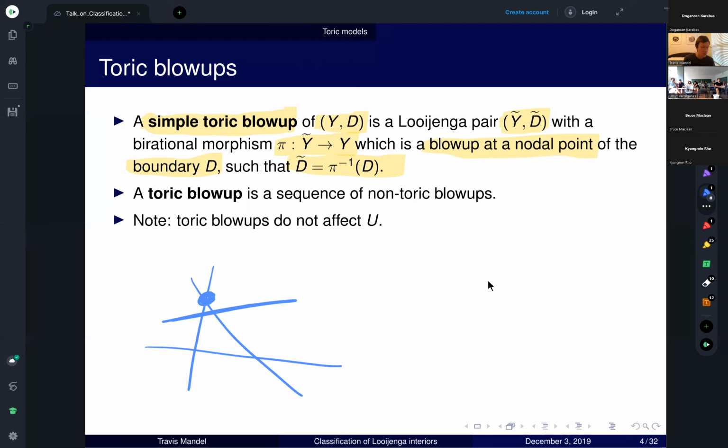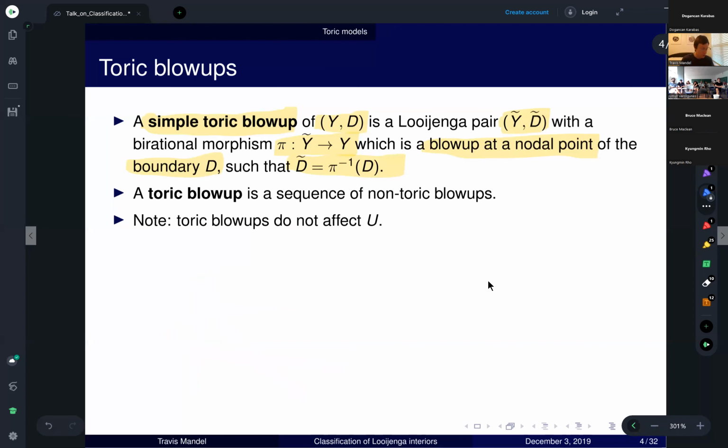It's a generalization of refining your fan, adding new rays to the fan for a toric variety. So just blowing up nodal points of D.